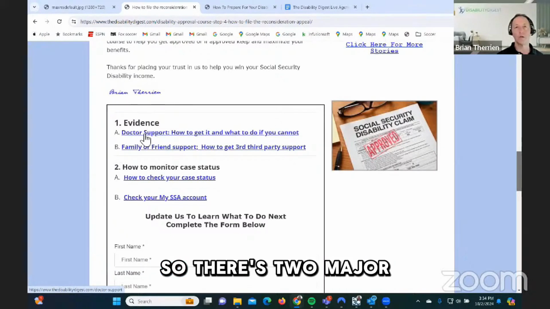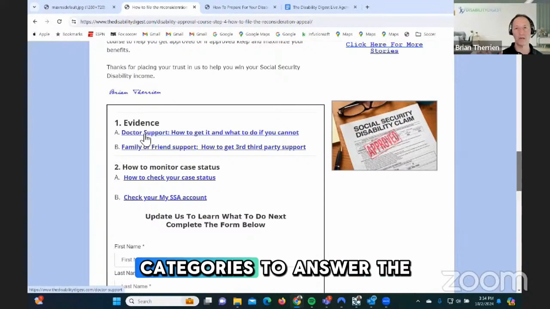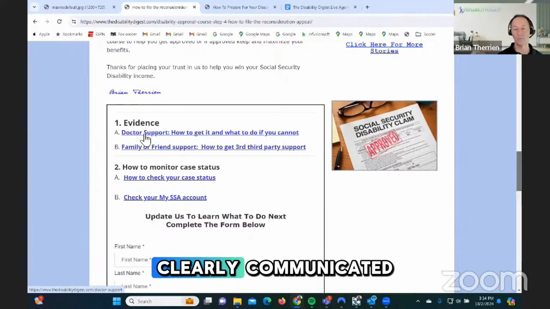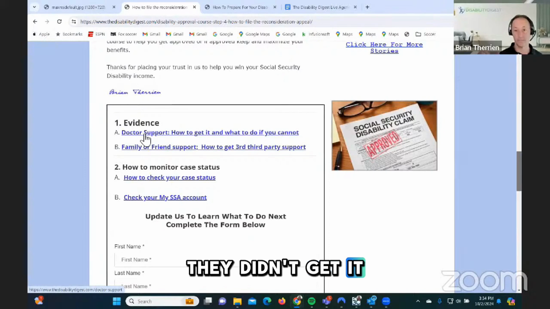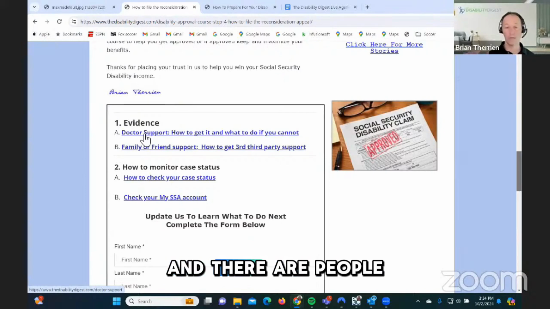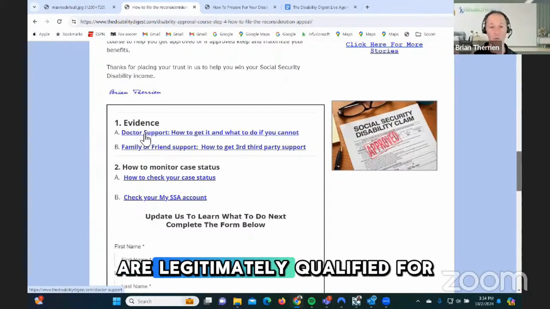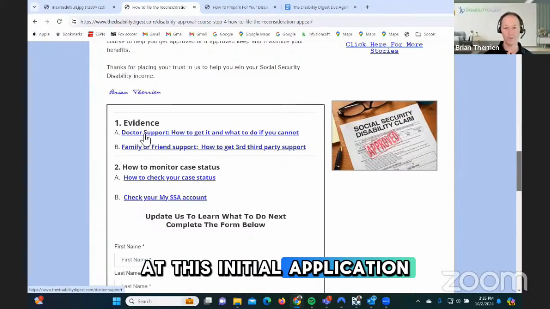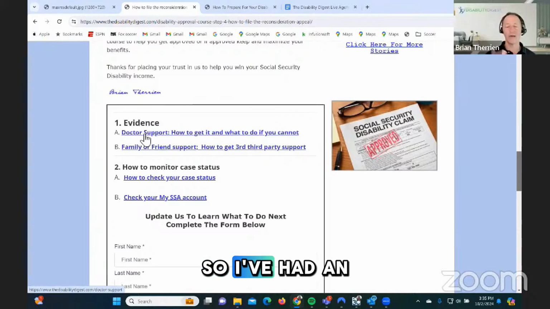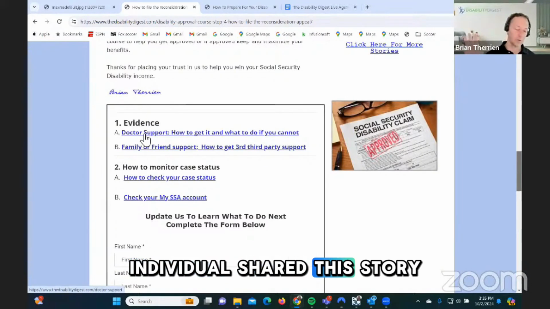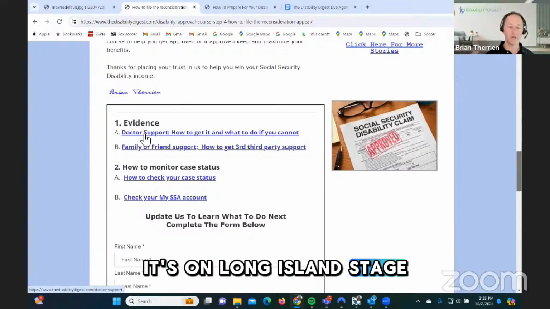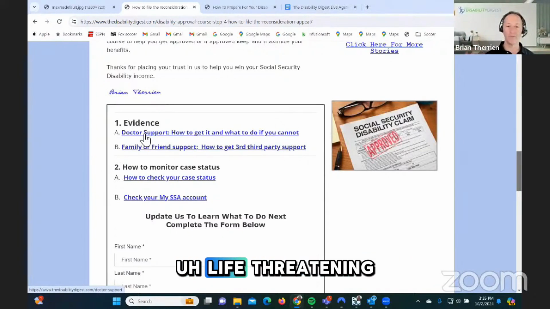So there's 2 major categories to answer the question. One is it wasn't clearly communicated, they didn't get it. Okay. And there are people that are legitimately qualified for disability, but they just don't get it at this initial application phase. So I've had an individual, I've shared this story before, John Green, was on Long Island, stage 4 cancer, life-threatening.